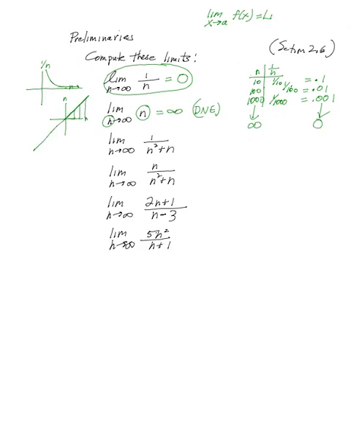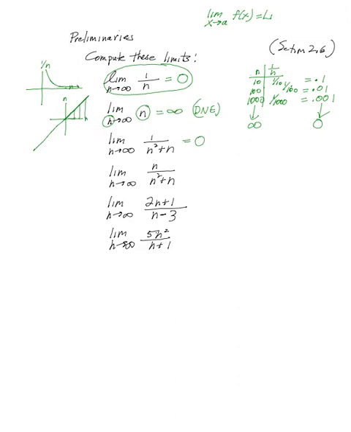Now, limit as n approaches infinity of 1 over n squared plus n. What do you think that is? What's your intuition? Write something down. What do you think? Is it 0?